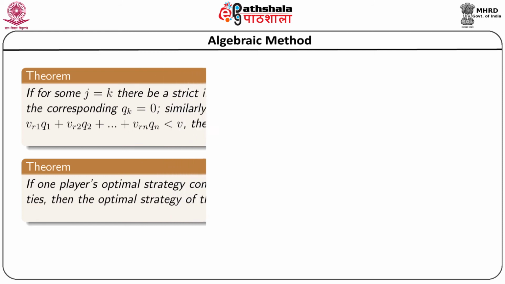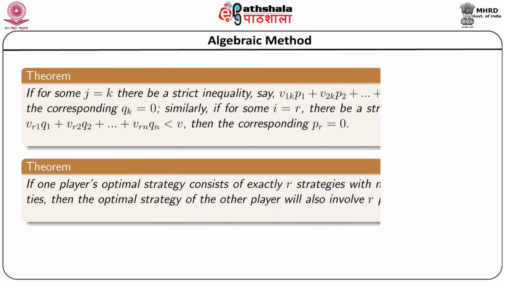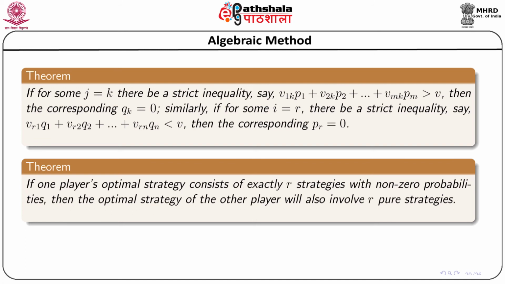Here we state two theorems which are the direct implications of the duality theory and which will make the computation easier. If for some j equal to k, there is a strict inequality, say V1k P1 plus V2k P2 plus dot dot dot Vmk Pm is greater than V, then the corresponding value of Qk should be equal to 0.